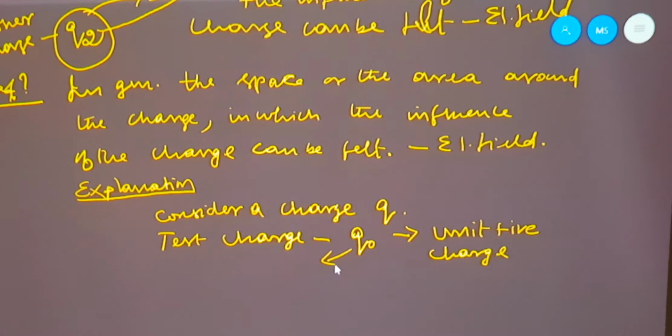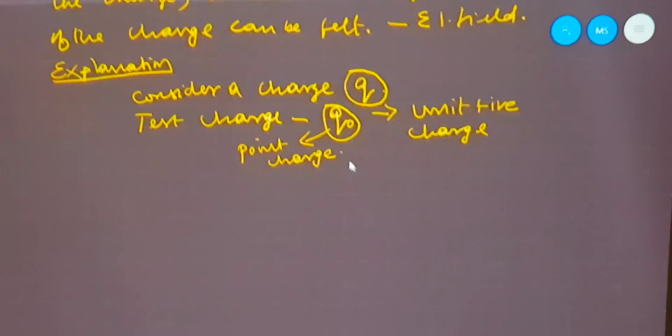This test charge is a small point charge, so the dimensions of this charge are very small. When you compare the two charges Q and Q0, Q0 is considered very small, so we represent it as a test charge.